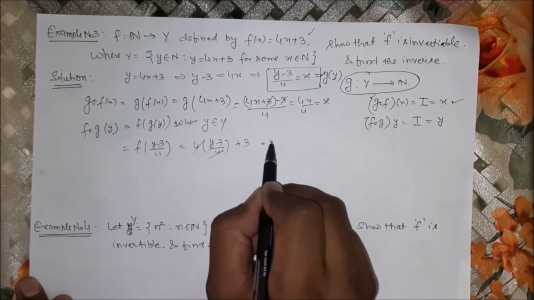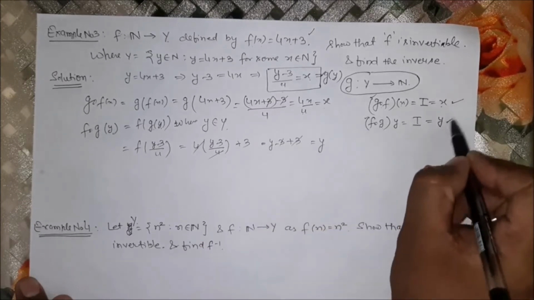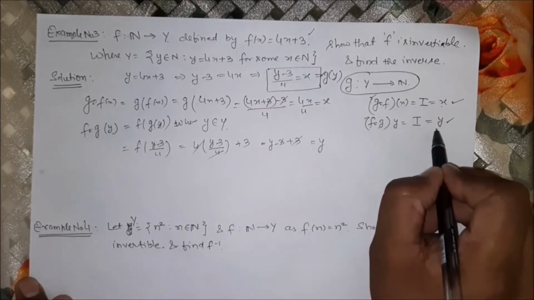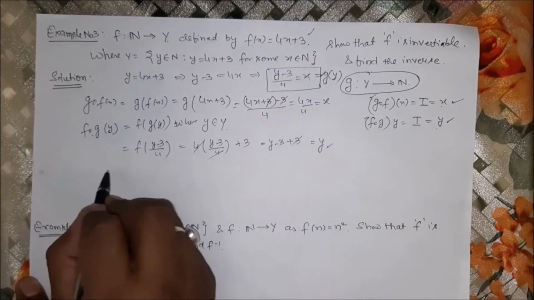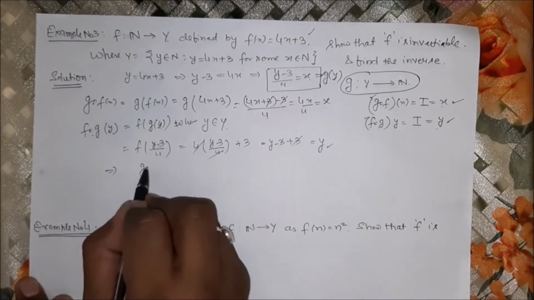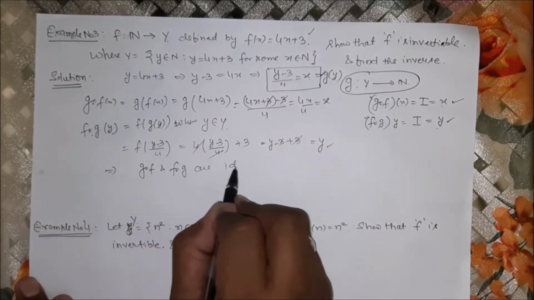You will get y minus 3 plus 3, you will get y. Again you got fog equal to y. Fog of y equal to y implies both the functions gof and fog are identity functions.